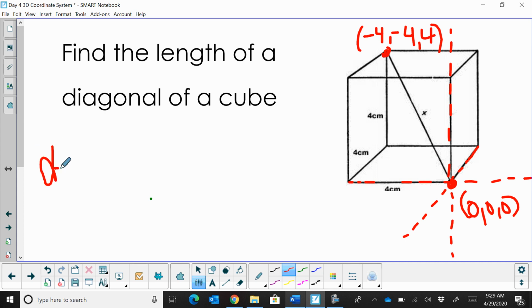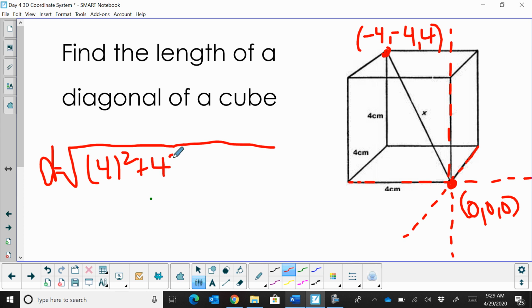So the distance would be the square root of (4 minus 0) squared plus (4 minus 0) squared plus (4 minus 0) squared. So that's going to give me 16 plus 16 plus 16.